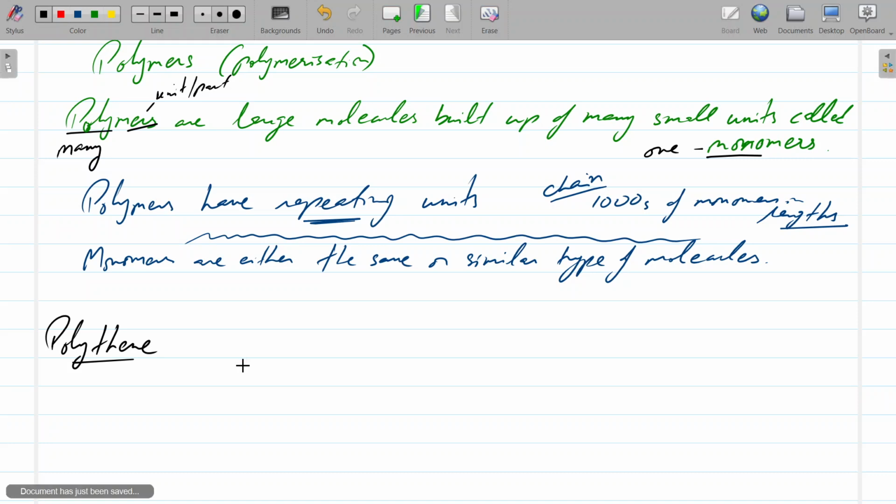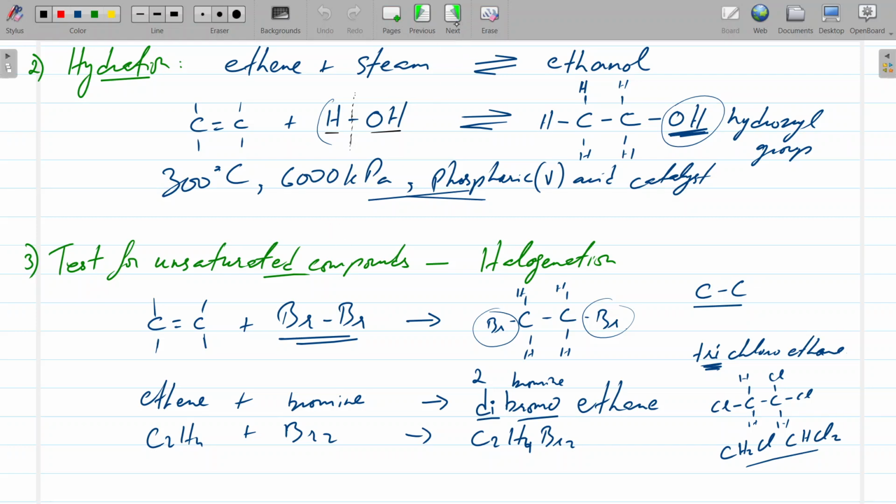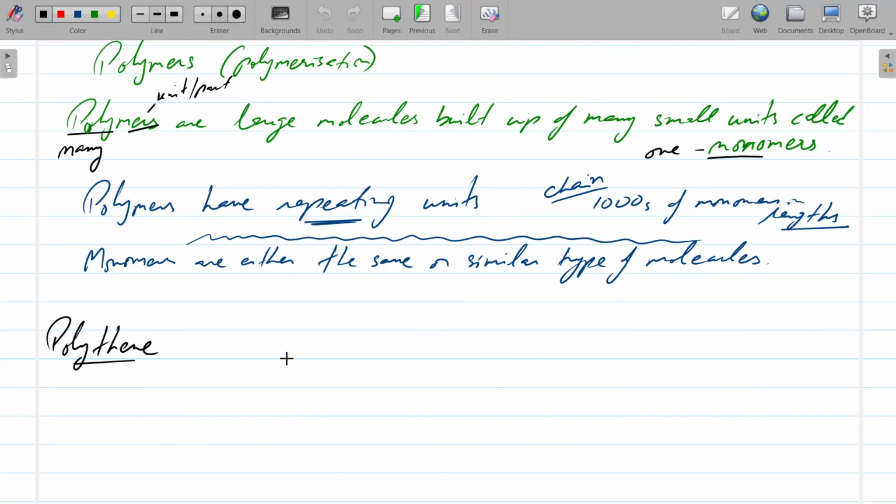Alright, so we talked about addition reactions yesterday, and for addition reactions, we talked about hydrogenation, hydration, and halogenation. What if you took an ethene molecule and you added another ethene molecule to it?